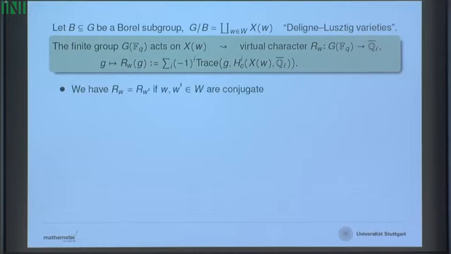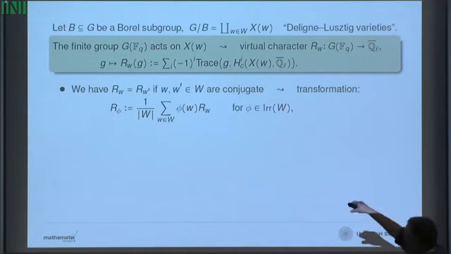First of all, there's a little result here. If two elements in the Weyl group are conjugate, then these two things are equal. So this led Lusztig to transform these things. Basically you transform these by the character table of the Weyl group, so you get something which is indexed by the characters of the Weyl group. And of course knowing one is equivalent to knowing the others.